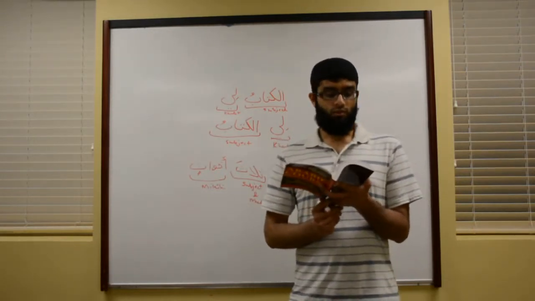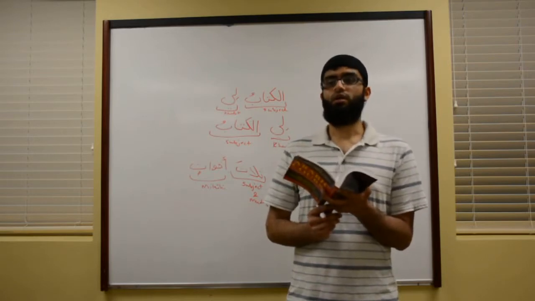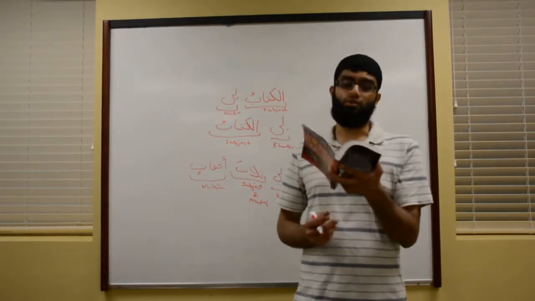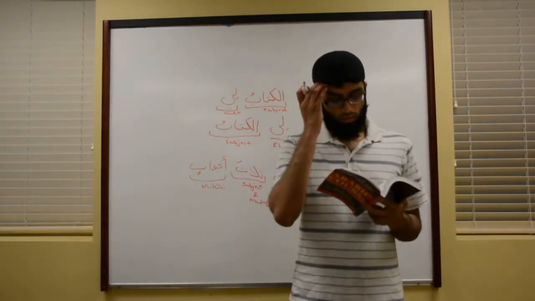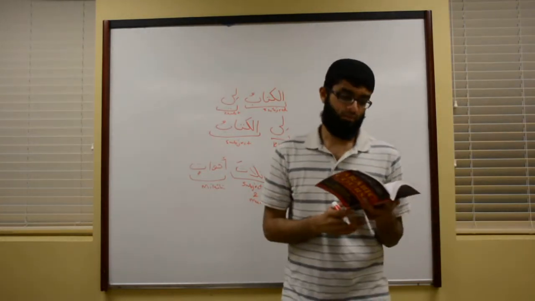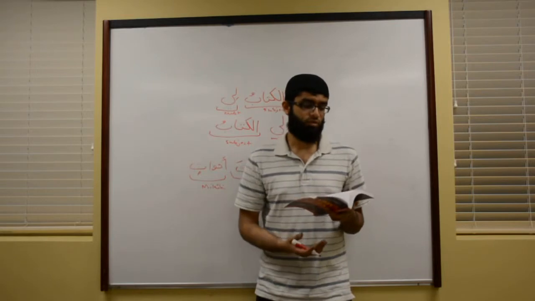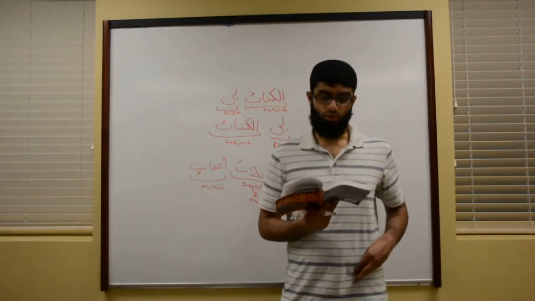Inna fil fasli khamsata. The khamsatu is going to change to khamsata. What happens to tullabin jududin? It stays the same. So all you're doing is just putting inna. Indeed in the classroom there are 5 new students.